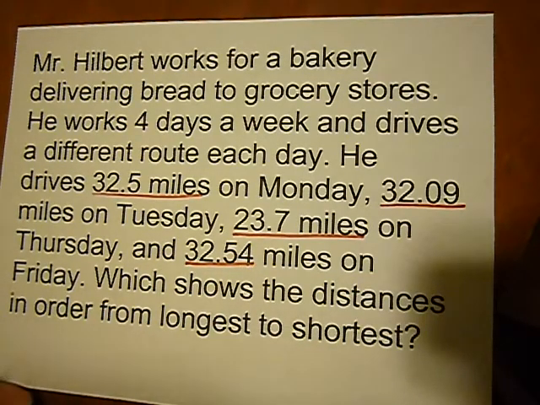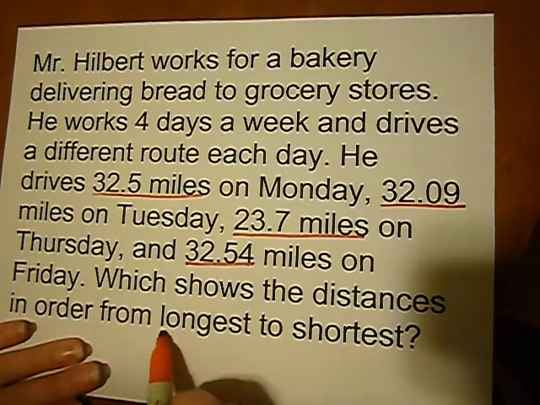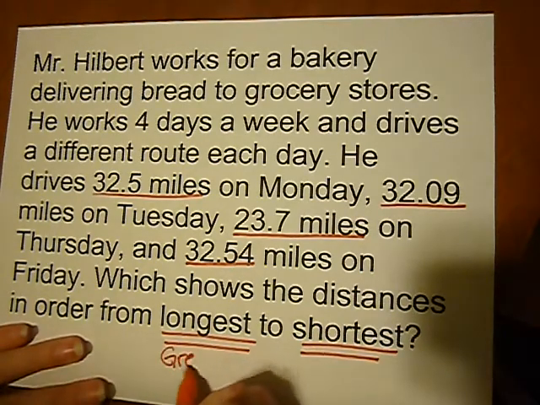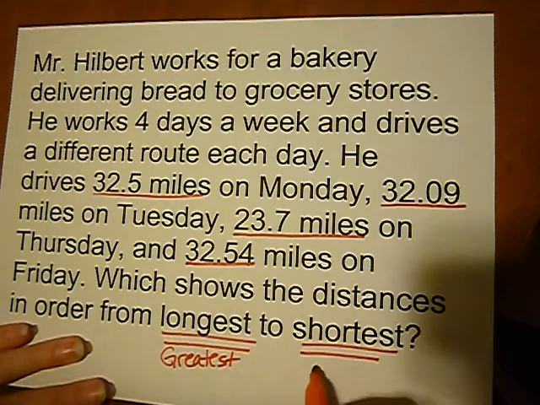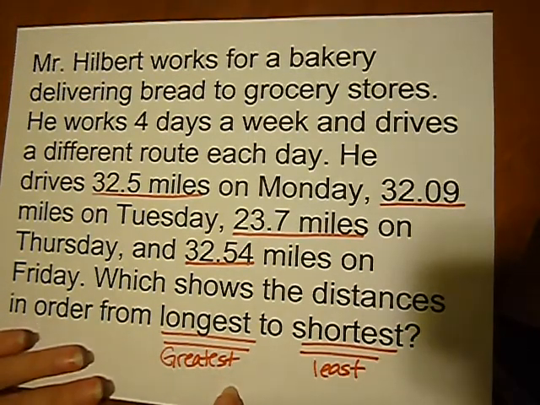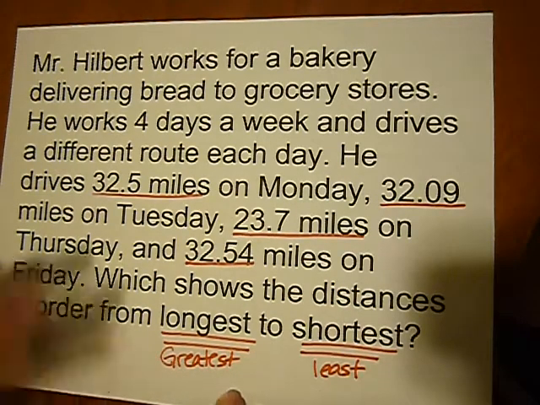Which list shows the distances in order from longest to shortest? The longest to shortest would be the same thing as greatest to least. So that's important. I need to pay attention and make sure that when I start putting them in order, I go from greatest to least.